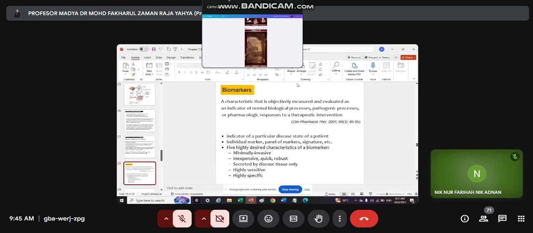As I mentioned just now, biomarkers refer to a set of functional proteins in cellular system. They are used to monitor the normal function, to monitor health, to monitor disease development, and others. And there must be some characteristics of biomarkers.